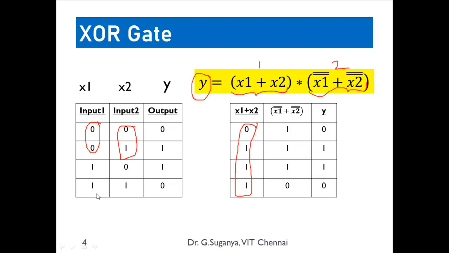And here, if you see 1 and 1, when it gets complemented, it will become 0, and hence this alone becomes your output. When both are fed to an AND operator or an AND gate, we get y as the result. 0 into 1 is 0, and when both the inputs are 1, we get 1 as the output, and this is the actual XOR gate output.